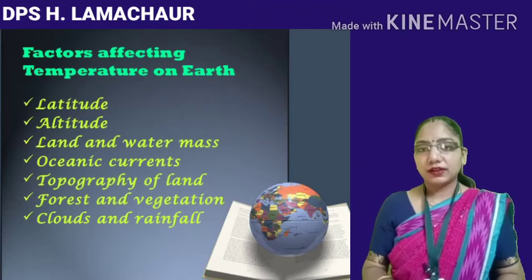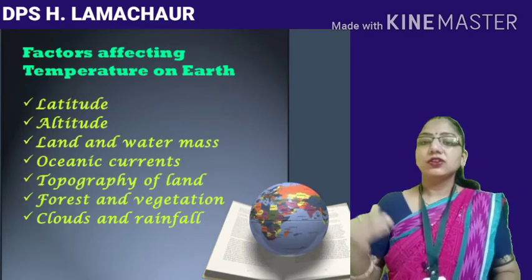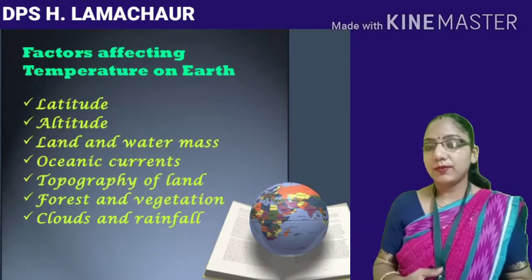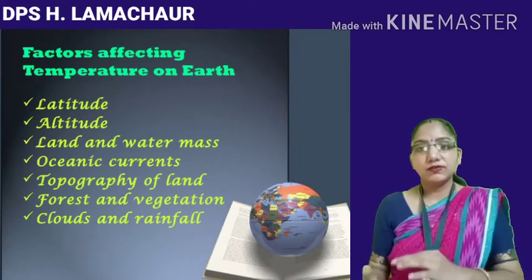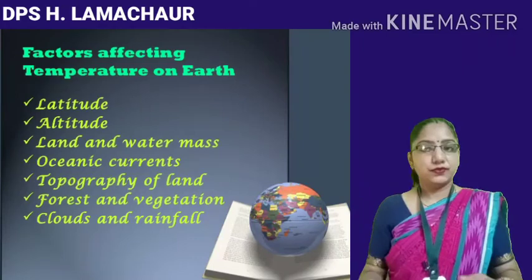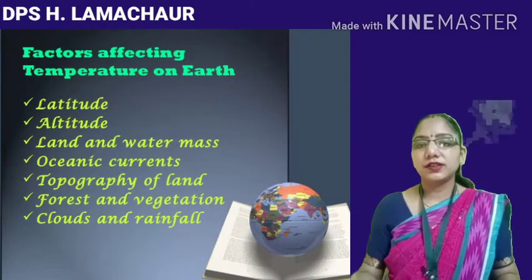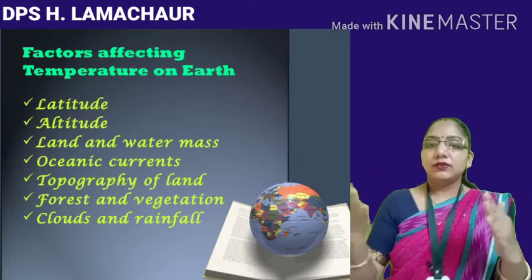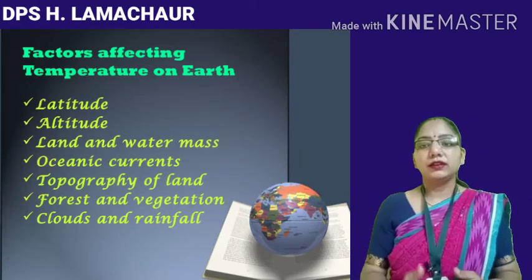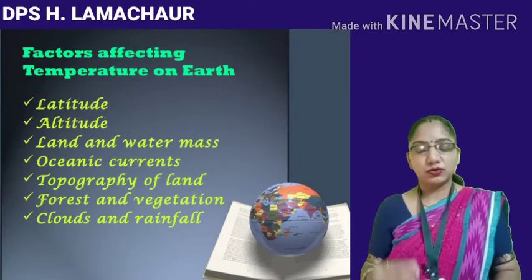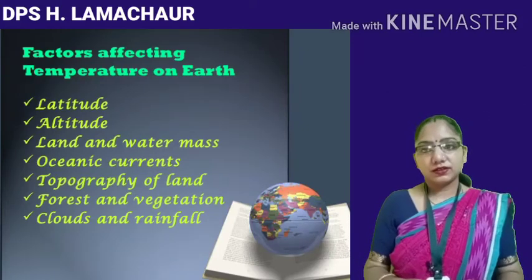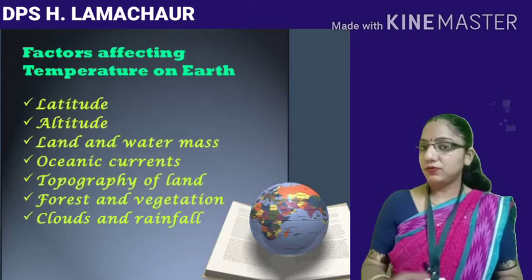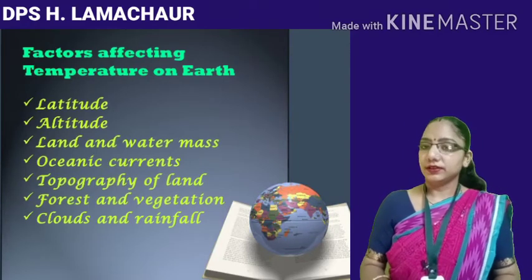So what are the factors which affect the temperature at different places? Because the temperature remaining in the atmosphere is the same, but when it reaches the earth's surface, it has variation. What are the reasons behind the temperature variation? So let's see the factors which are controlling or affecting the temperature distribution on our earth.